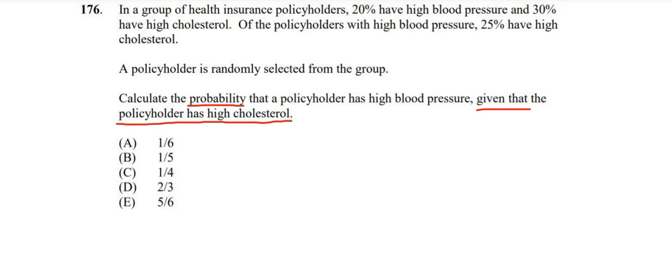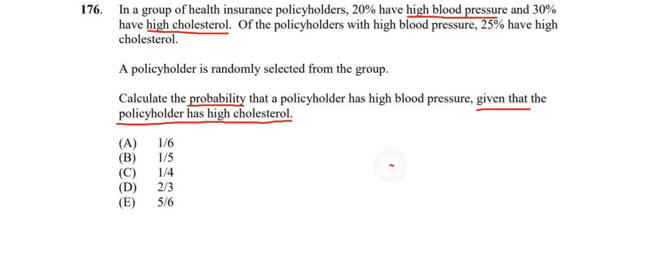So we just check this. Here we say 20% have high blood pressure, and 30% have high cholesterol. So we have two factors, high blood pressure and high cholesterol, so we use a Venn diagram.